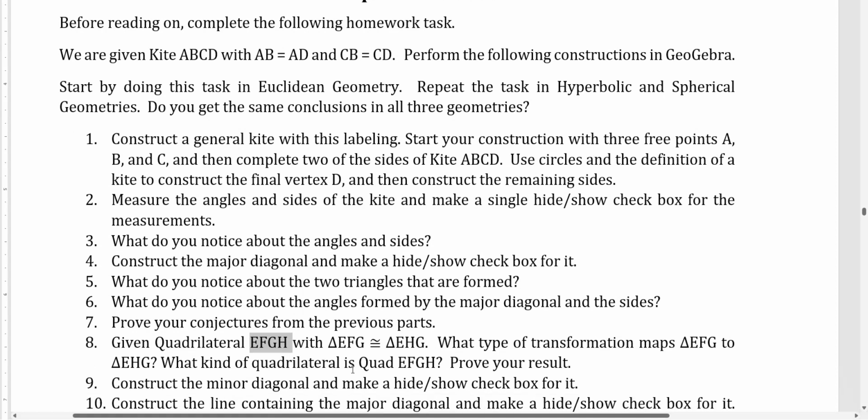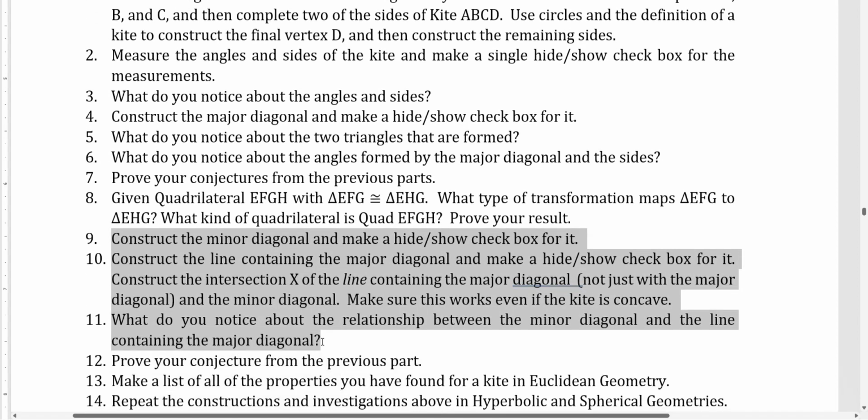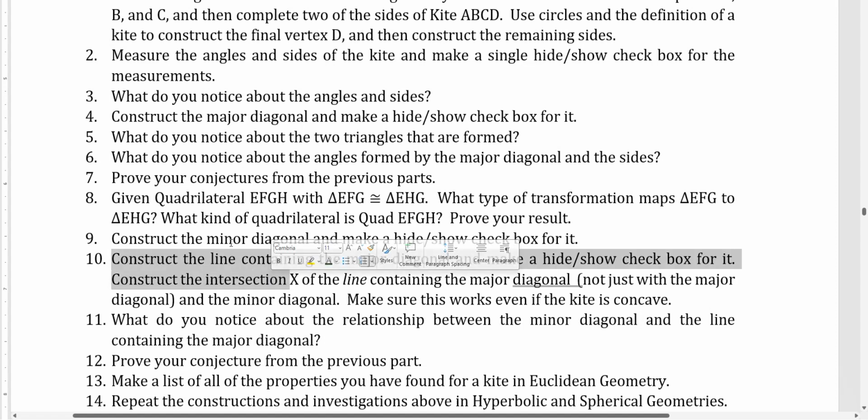All right, now here's the next thing. Do this set of constructions now. After we've already proved this first, which is important, we do it in that order. Now construct the minor diagonal and maybe make a hide show checkbox for it, and construct the line containing the major diagonal.